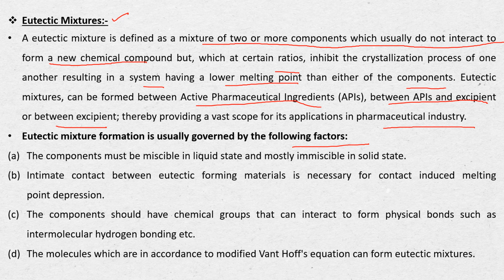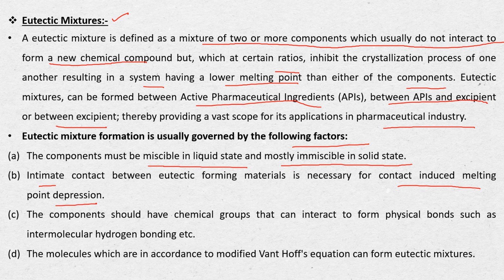So the first is the components must be miscible in the liquid state and mostly immiscible in the solid state. Okay, so what it's saying is that the components must be miscible in the liquid state and immiscible in the solid state. So intimate contact between eutectic forming materials is necessary for contact induced melting point depression.